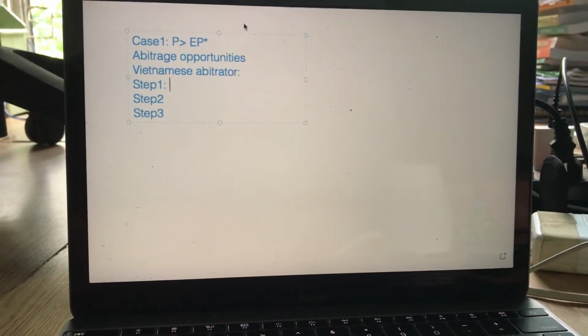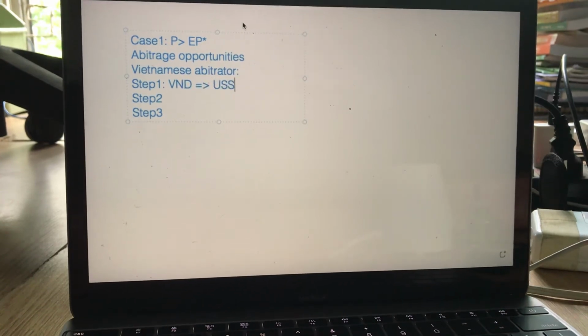In step one, convert the VND to USD, right? In step two, use the USD to buy products, to buy the goods in the foreign country, right?